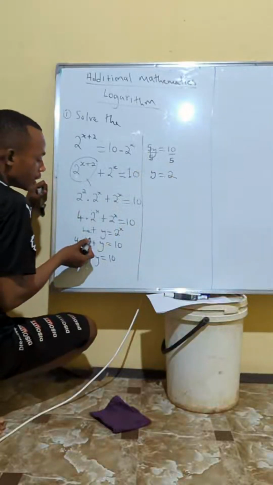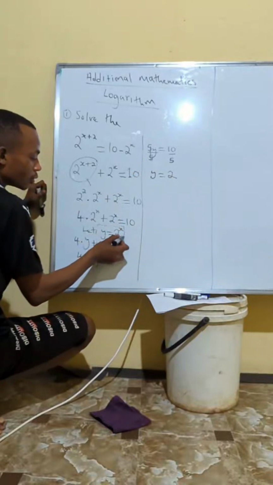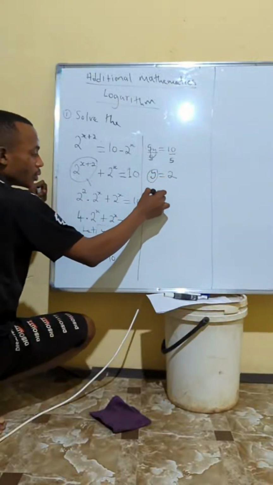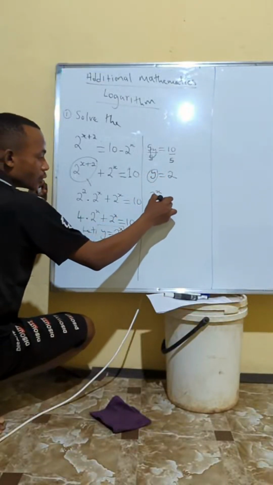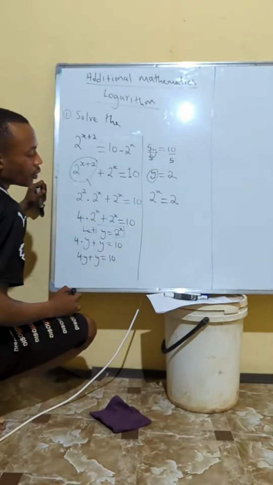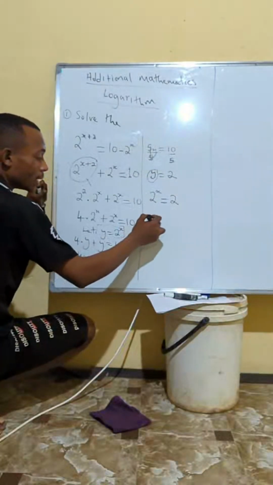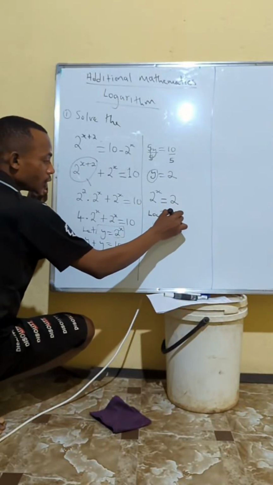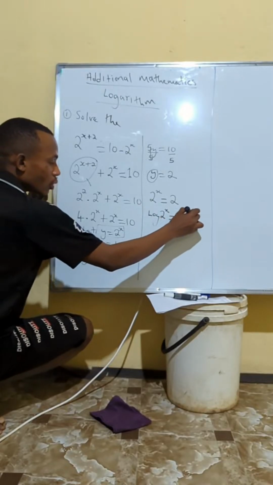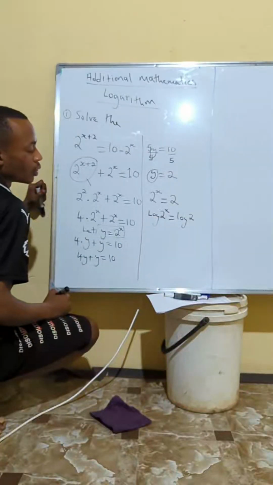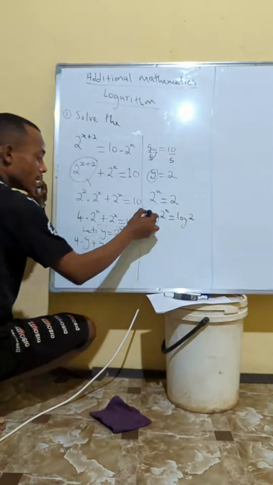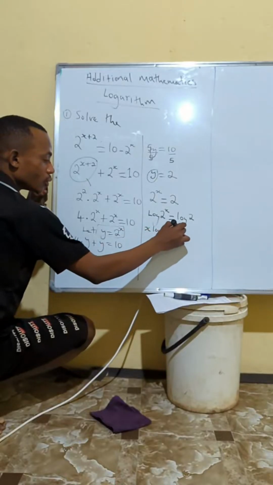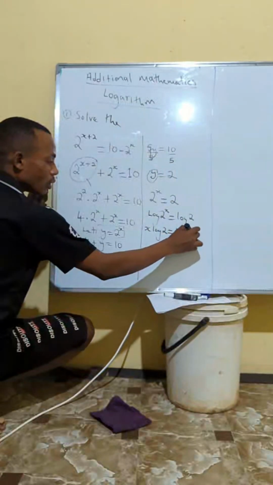Remember, here we said let y be equals to 2 to the power x. It means where there is y here, we're going to replace it: 2 to the power x is equals to 2. When you reach here, you're applying the log now. Log 2 to the power x is equals to log 2. Then when you do our mathematics, you bring down the x to be x log 2 is equals to log 2.